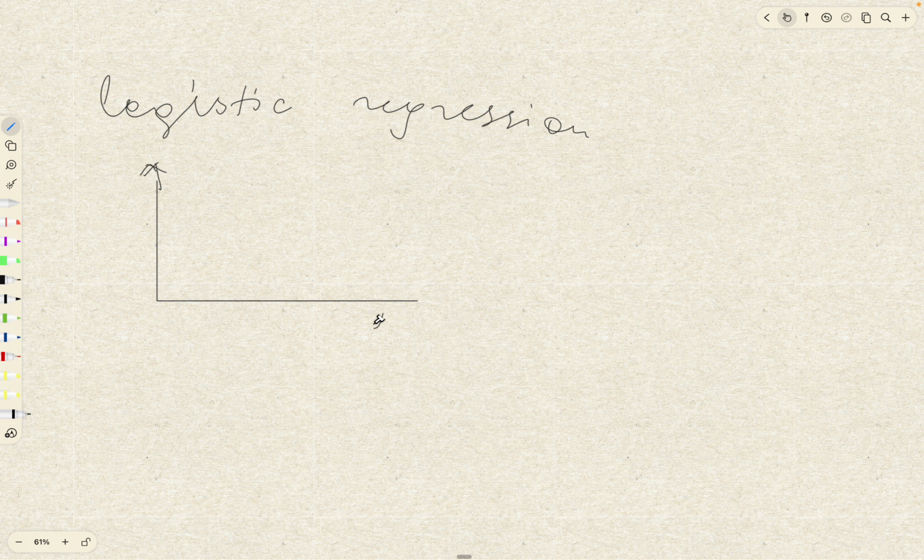So in the x-axis we have the weight, and in the y-axis we have whether this person is obese or not, and we can symbolize it with 0 and 1.